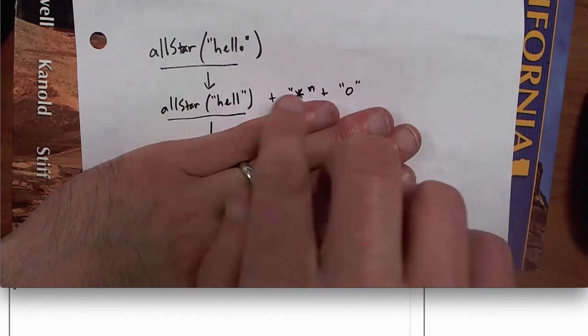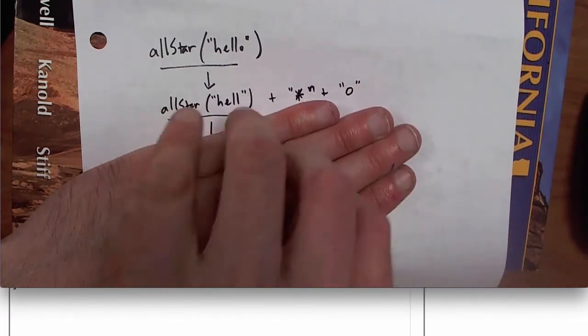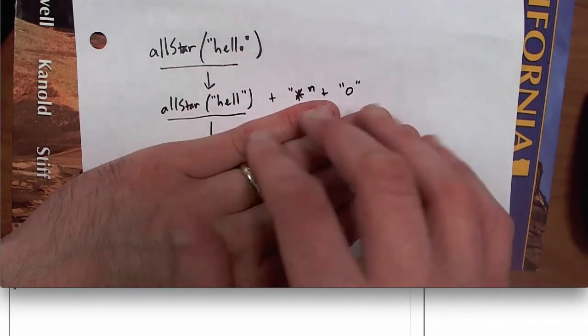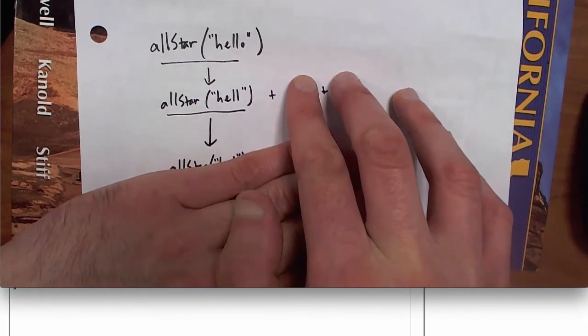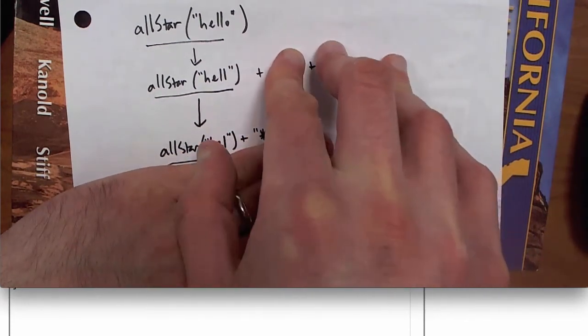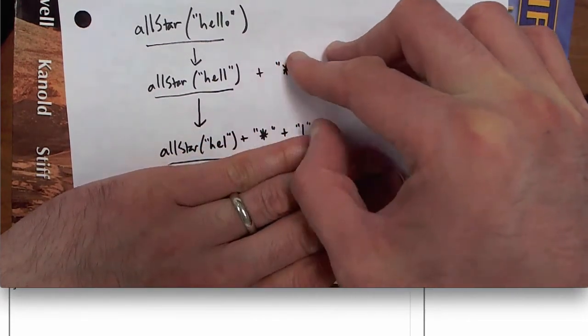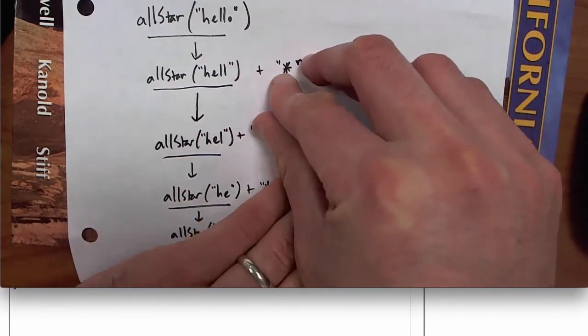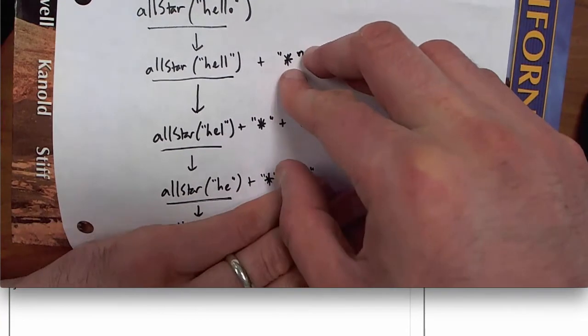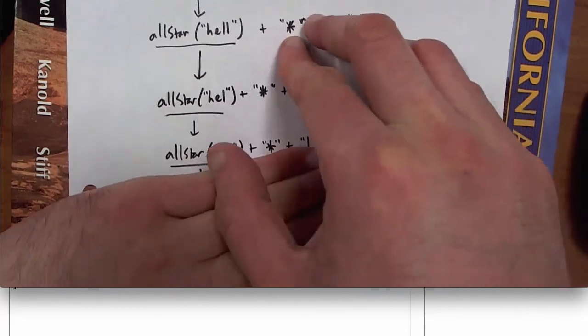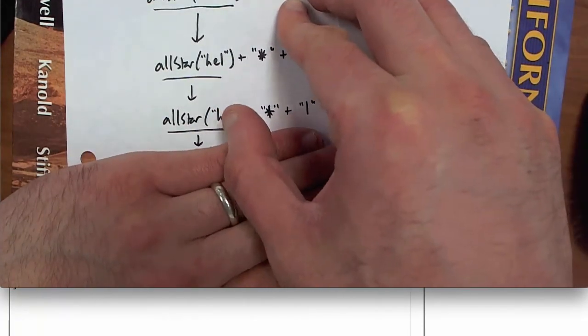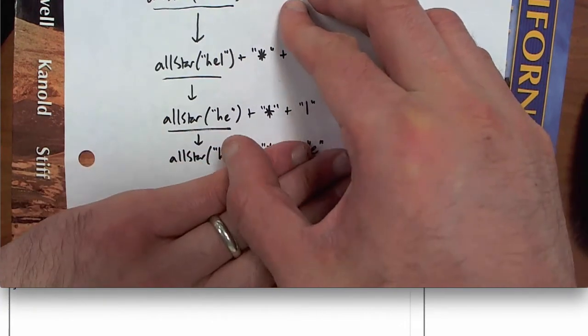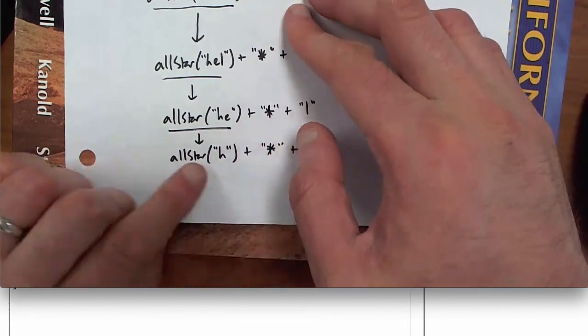So it's like concatenate this to whatever this is. We don't know what the result is. That's recursion, right? And then this is going to call allStar on HEL, and it's going to add on the star L. And then this is going to concatenate HE with star L. And then this is going to concatenate, and we keep shrinking it down, down, down, H plus star E.